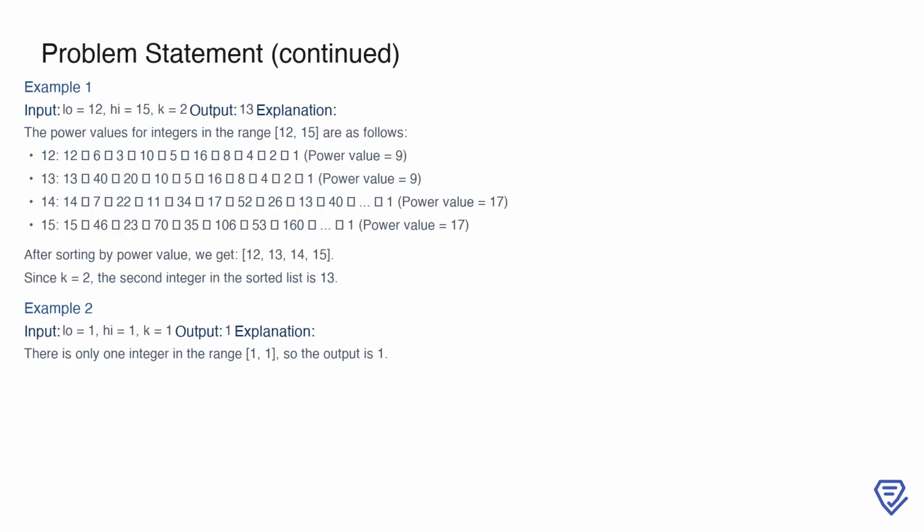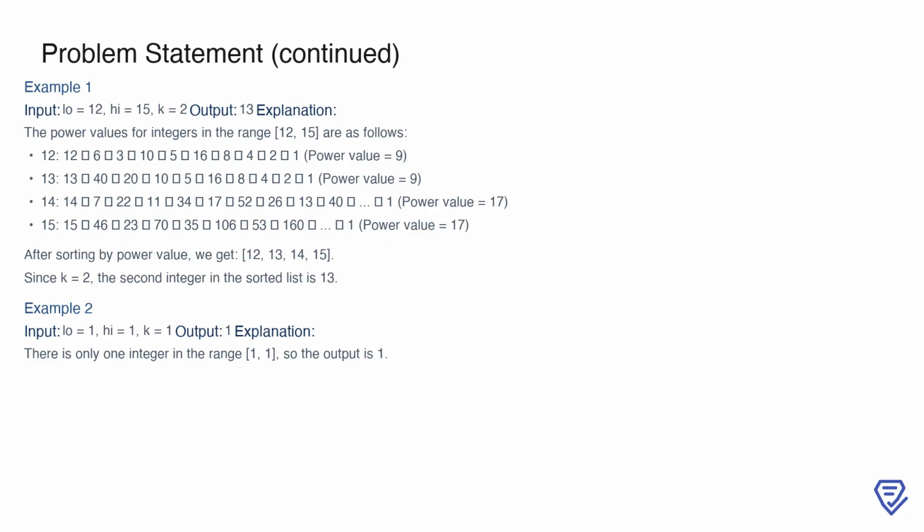Let's consider the first example to illustrate how this works. The input is low equals 12, high equals 15, and k equals 2. This means we are looking at the integers 12, 13, 14, and 15. First, we calculate the power values for these integers. 12 has a power value of 9, 13 also has a power value of 9, 14 has a power value of 17, and 15 has a power value of 17.